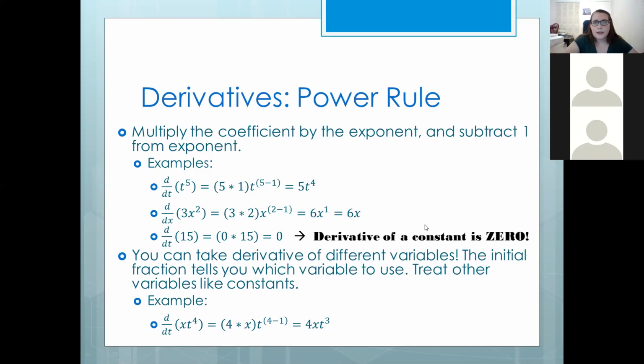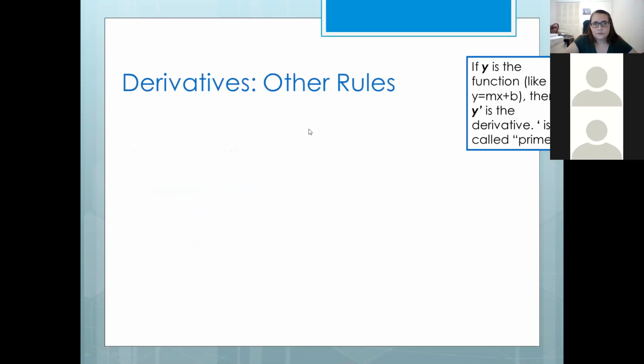Okay. So continuing on. There are a couple of other rules that are going to be helpful for you. And over here in this blue box in the corner, this is another different notation that you might see for derivatives.